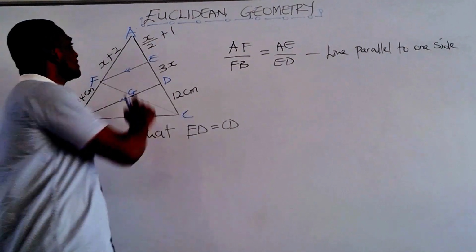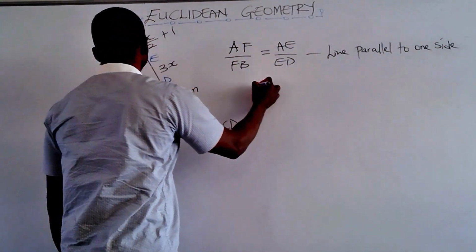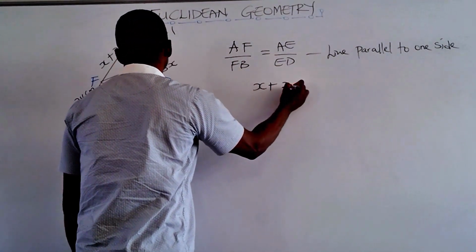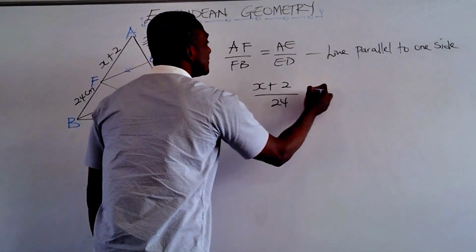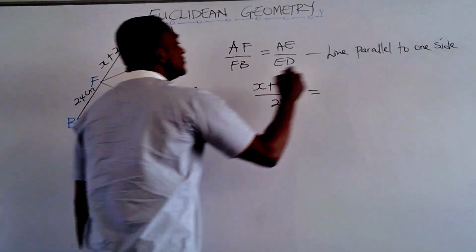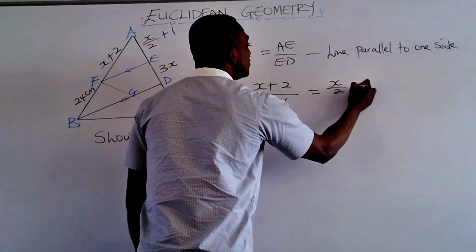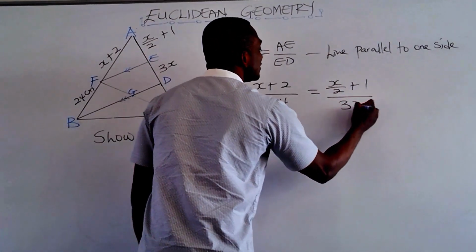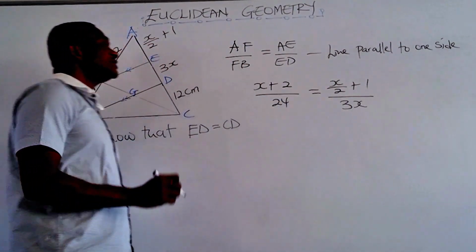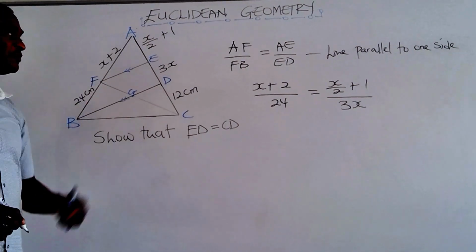Now, AF over FB means that we have x plus 2 over FB, which is 24, equal to AE, which is x over 2 plus 1, divided by ED, which is 3x. Please, we have algebra here.